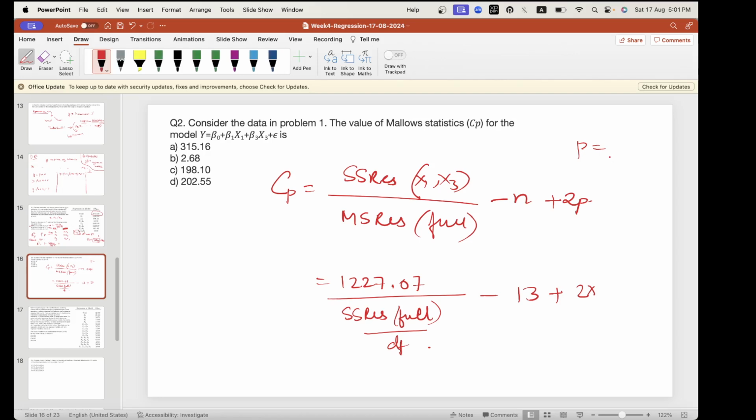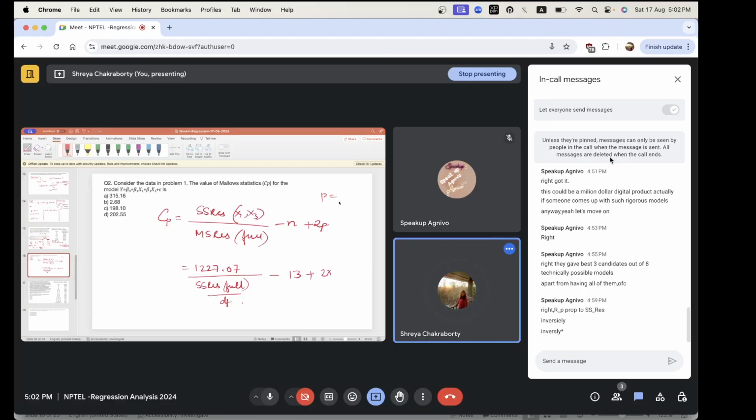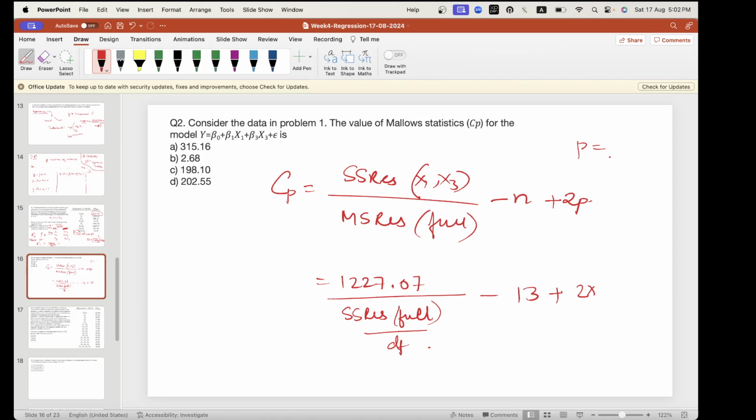Would it be 2 or would it be 3? So p is actually 3, because this corresponds to the number of parameters that we are estimating. So here we would have 3.